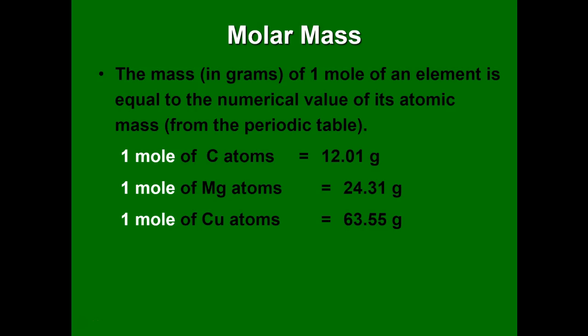A mole of copper atoms weighs 63.55 grams. And so once again, the mole concept and the whole idea of Avogadro's number is that there are Avogadro's number of atomic mass units per gram. So if you have a mole of anything, its mass is equal to simply its atomic mass expressed in grams.